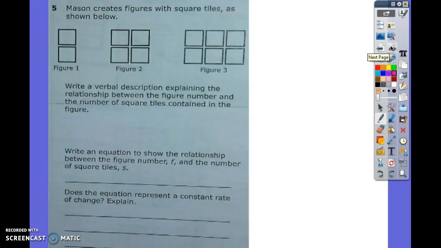Number 5. Mason creates figures with square tiles, as shown below. Write a verbal description explaining the relationship between the figure number and the number of square tiles contained in the figure. So I'm going to make a table. So I'm going to have figure, and then I'll have my square tiles.